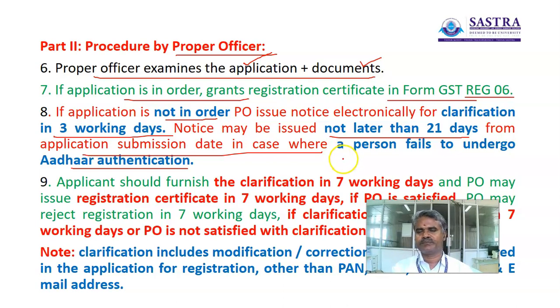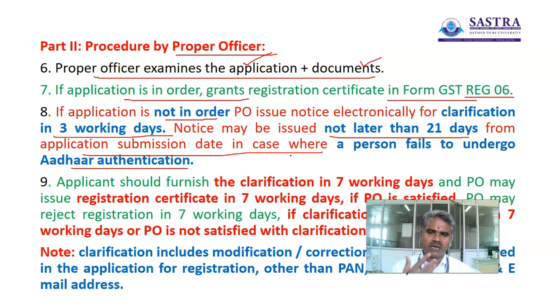They will take 12 days from the date of submission of application, not more than 12 days, to give the notice for clarification. They will tell you what mistakes you have in your application.